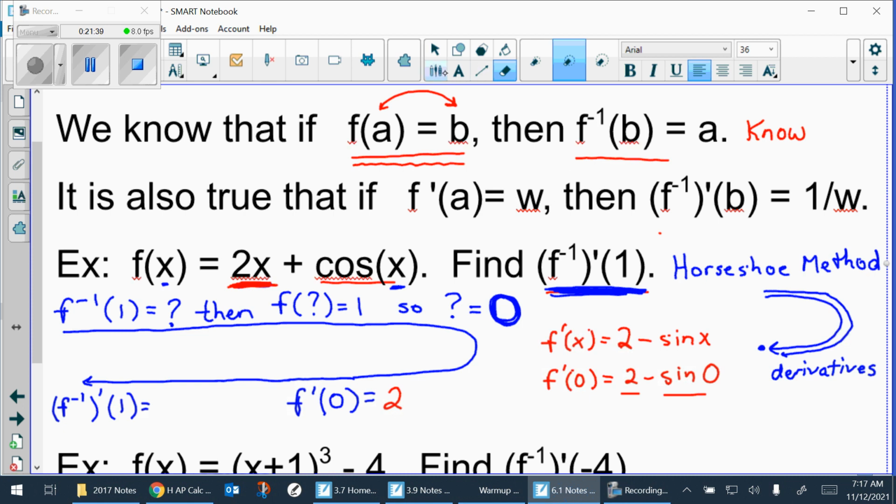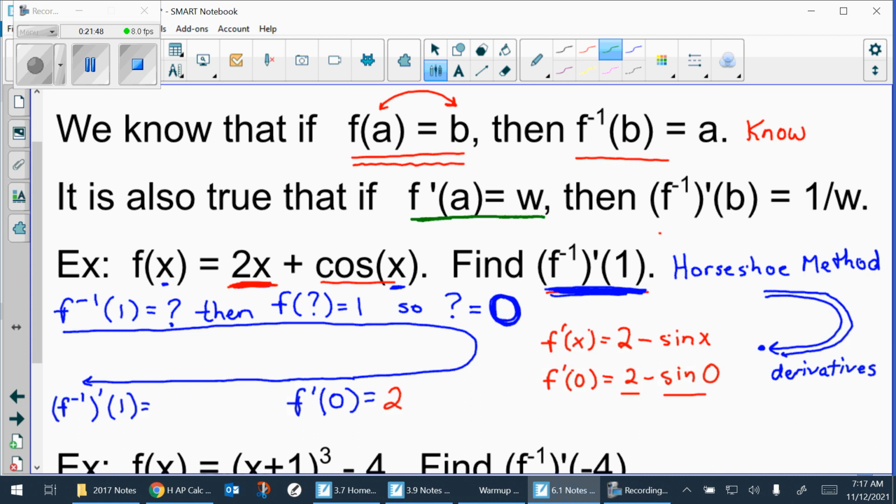And the theorem says find the derivative of the function, because the derivative of the inverse will be the reciprocal of that. We spent our time finding the derivative of the function. We found that was 2.